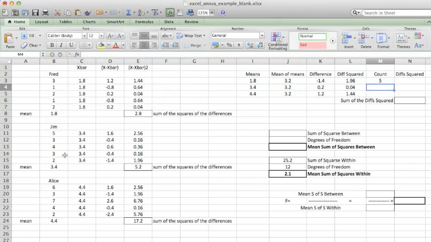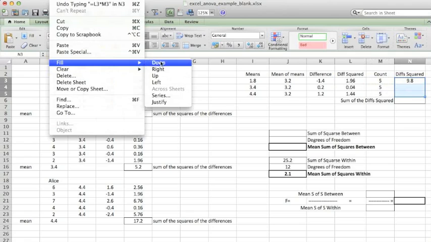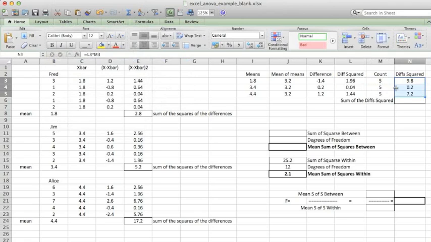I'll accommodate that by multiplying the number of values in each group by the square of the differences for that group. Now I'll find the total sum of squares.